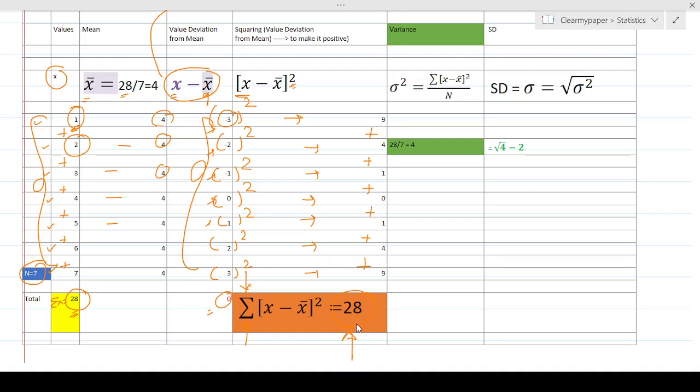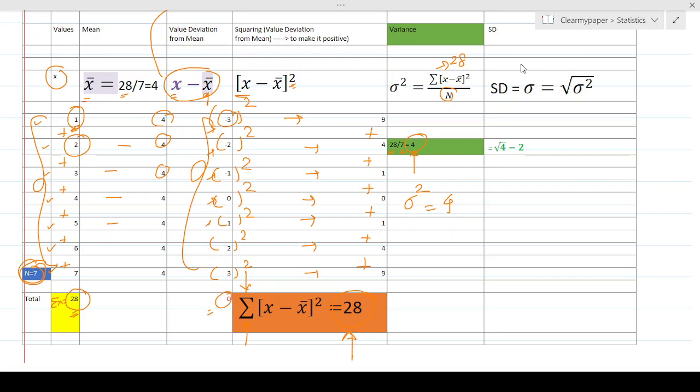Now I need to take the average over the number of values, which is n, to get the variance. The numerator is 28, divided by 7, which is the n in the denominator, and I get 4. So my variance, sigma square, is equal to 4.